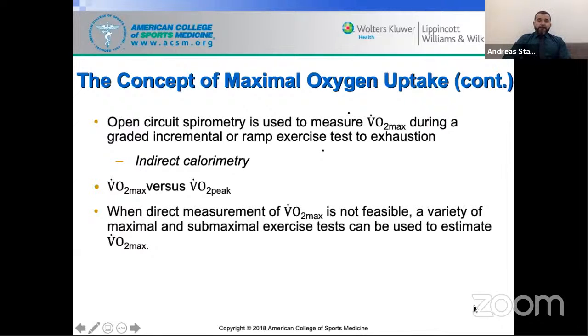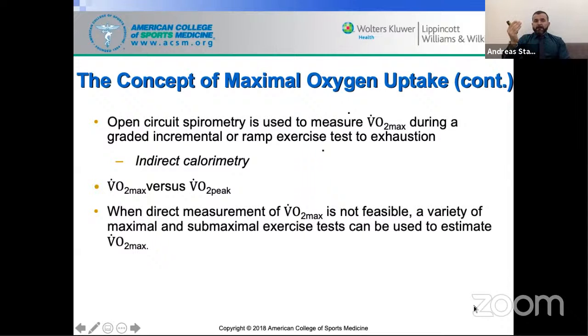Now, what's the difference between VO2 max and VO2 peak? VO2 peak is usually the maximum VO2 that you reach. If that's not your VO2 max, that's your VO2 peak. It's a VO2 attained. That's a better way to word it.